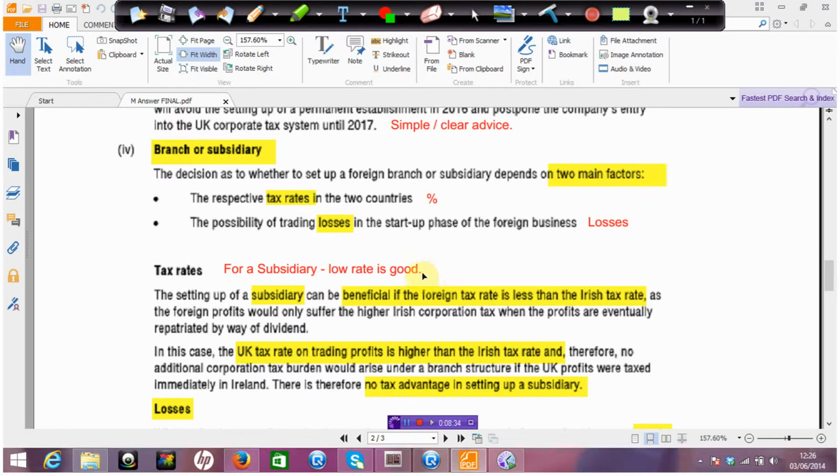Okay, so you'll appreciate that for a subsidiary, a low foreign rate of tax is obviously better, because the individual company is going to be subject to that rate in the foreign country for sure. In this particular case, I think they're coming down on the side of there being no particular advantage for the entity to be set up either way, because in effect, the tax rate is higher.